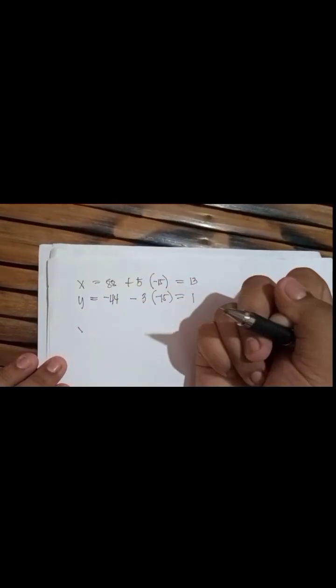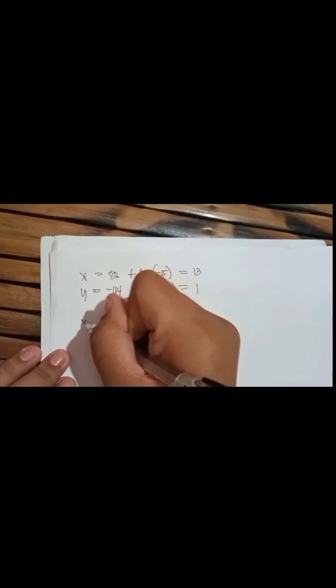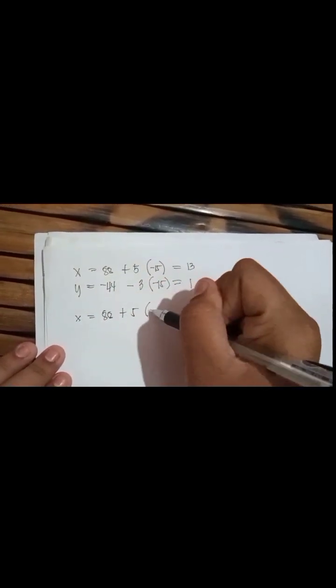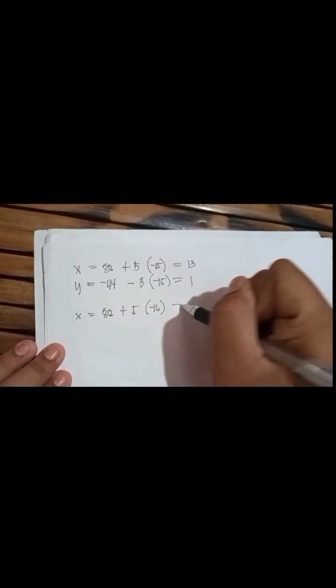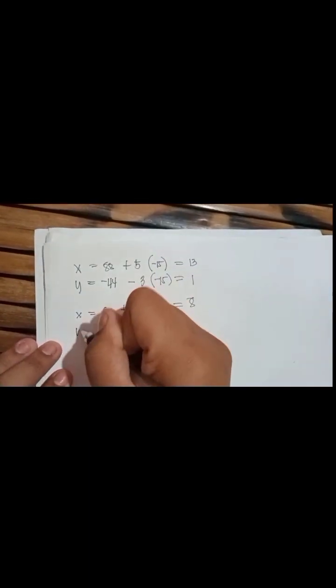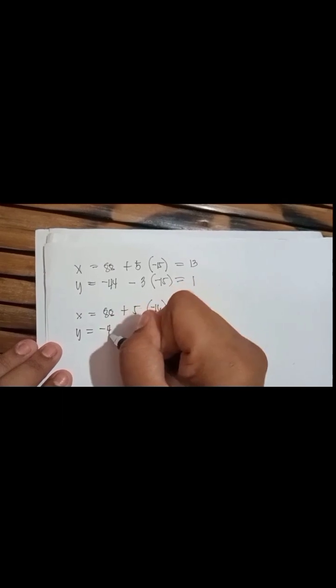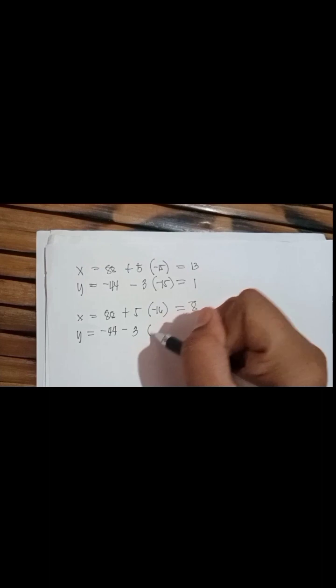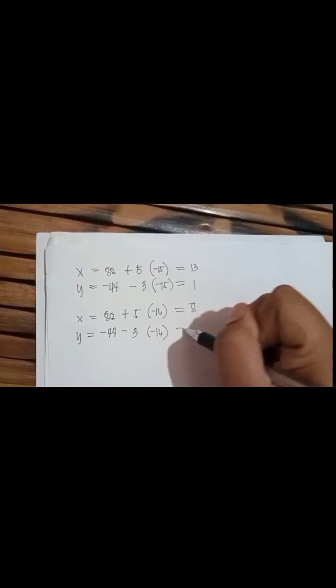Next, we solve for negative 16. x is equal to 88 plus 5 times negative 16, which is equal to 8. y is equal to negative 44 minus 3 times negative 16, which is equal to 4.